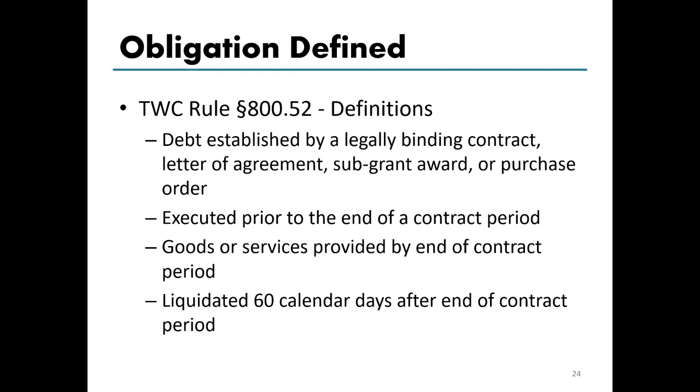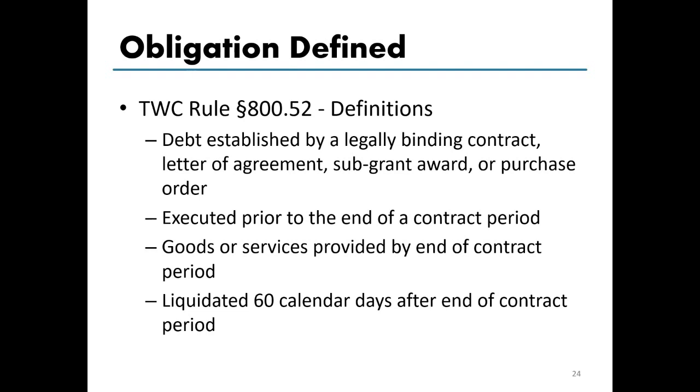Next, we're going to talk about obligations. And again, by rule, obligations are defined as debt established by legally binding contract, letter of agreement, subaward, or purchase order that is executed before the end of the contract period, but it has to be for goods and services that you expect to be provided by the end of the contract period.